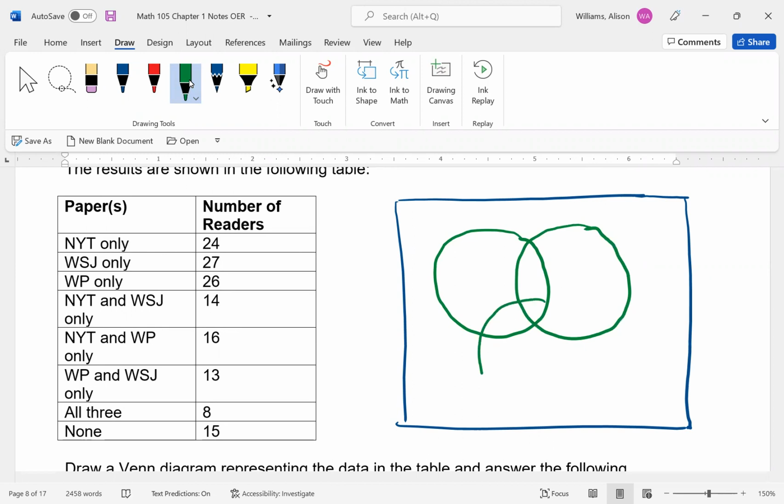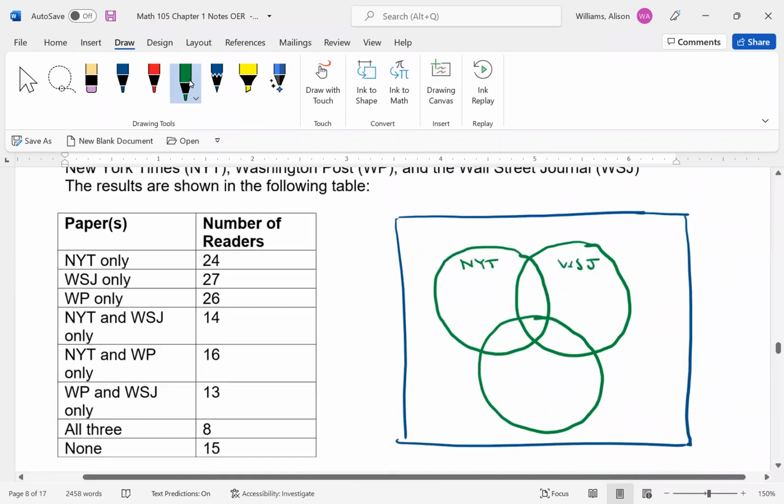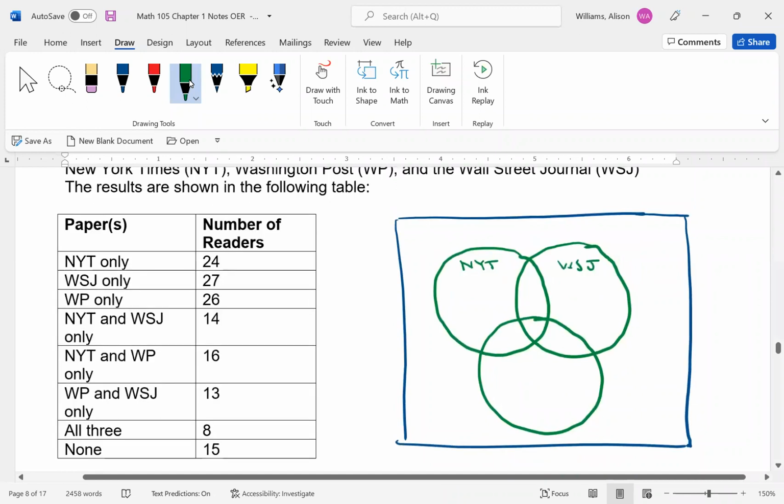Regions where they share things in common. People who do read all 3. So this one will represent New York Times. This one's going to represent the Wall Street Journal. And this is going to represent the Washington Post, right? That was the last one. Yeah, Washington Post.